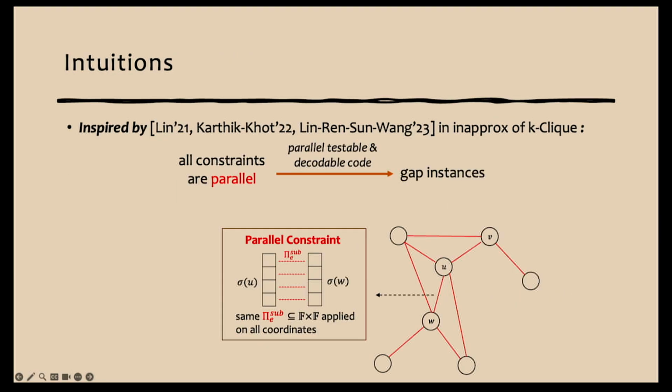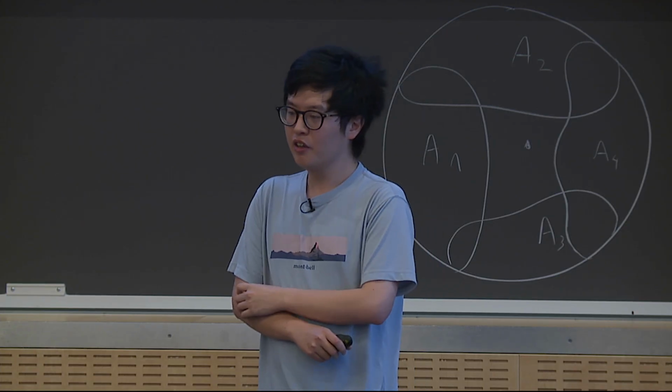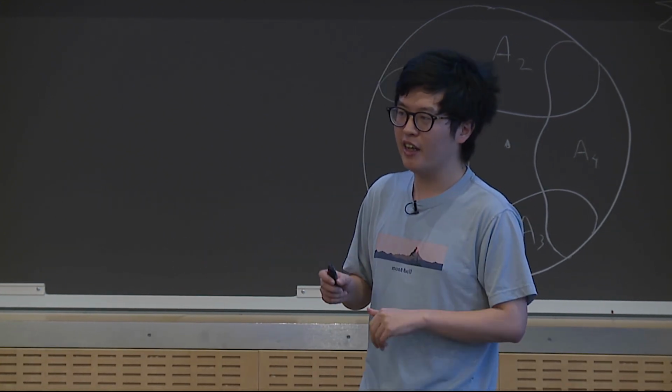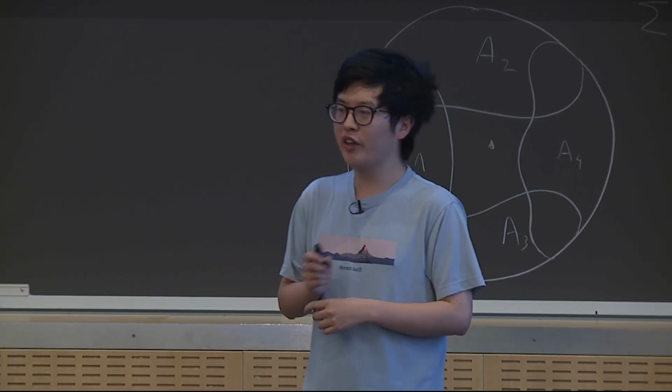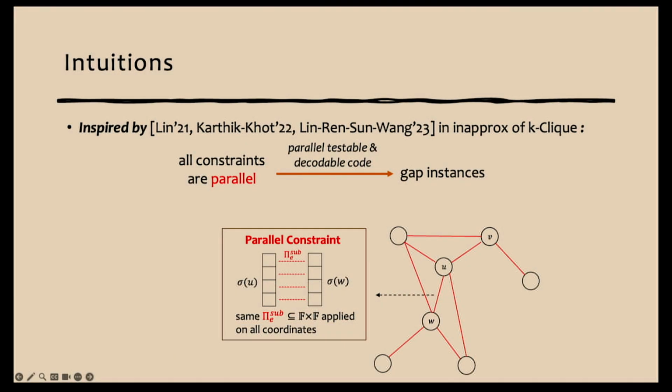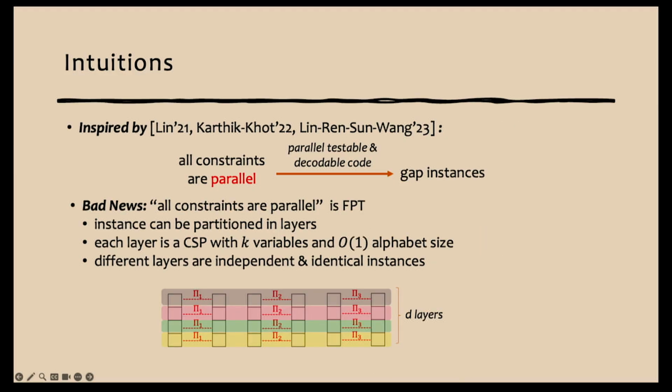Below, I am going to talk about why we need to define such a CSP and give some intuitions. This is essentially inspired by some previous work on inapproximability of k-clique, which says that if every constraint is parallel, then we can use some parallel testable and decodable codes to produce gap instances. However, the bad news is that if every constraint is parallel, the problem becomes an FPT problem.